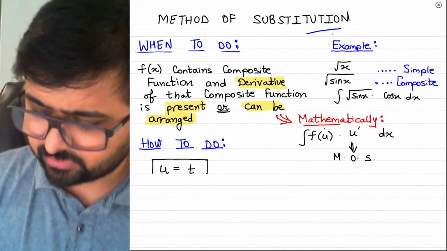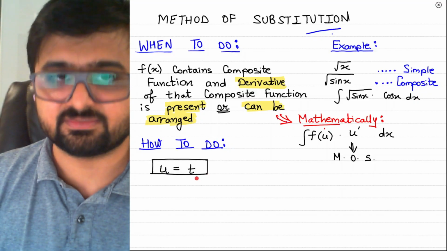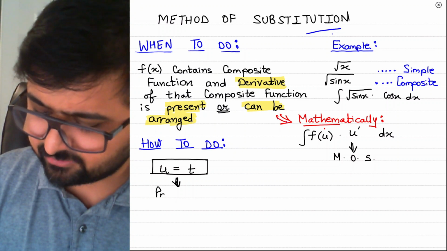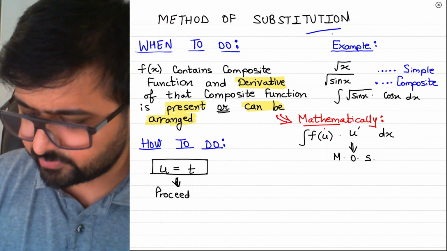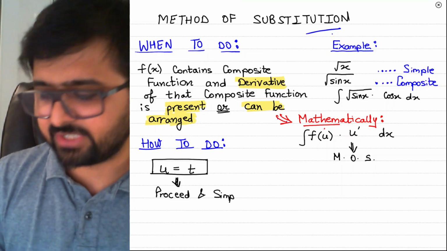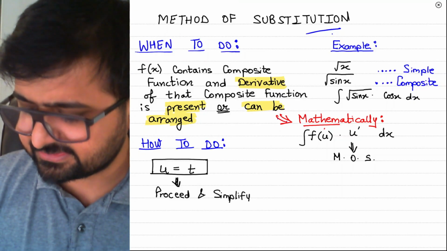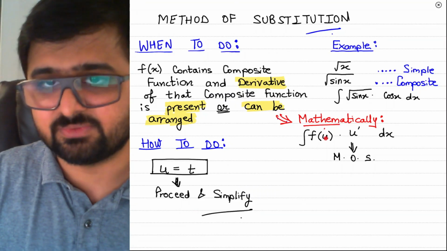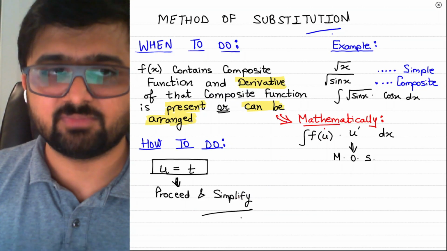That's what you would do as your first step in method of substitution. Then you proceed and simplify. We'll see with the help of an example how to simplify and integrate later on, but that's how you do it. You basically put u equal to t, and then you proceed and simplify.